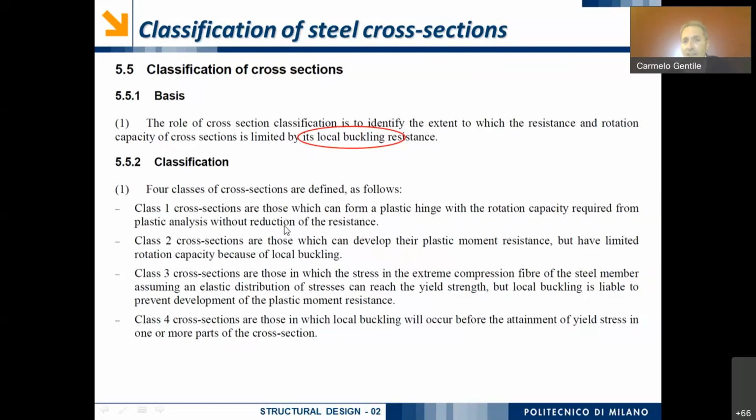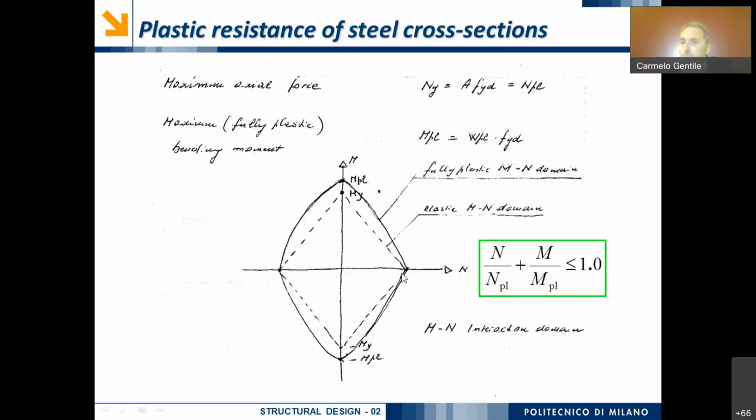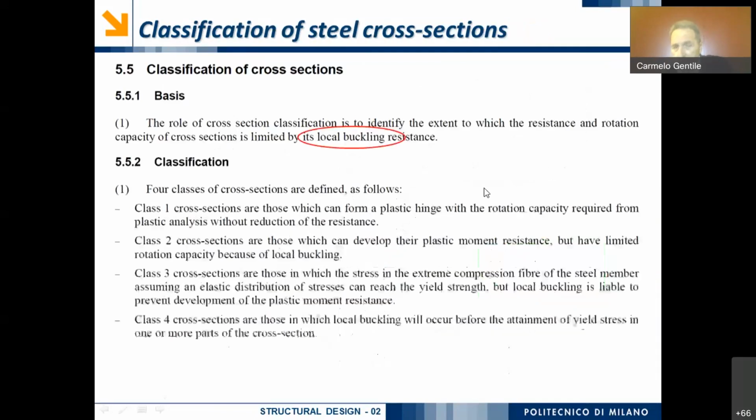So what I'm saying is that for this kind of cross-section, I can really obtain the fully plastic resistance. And so for this kind of cross-section, it's allowed to refer to the fully plastic interaction domain, okay?